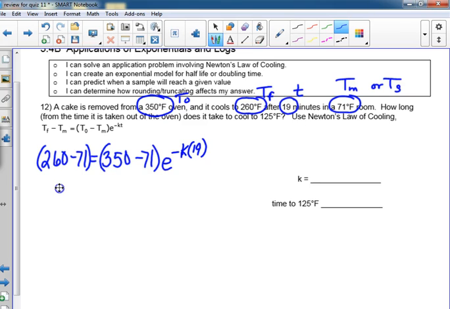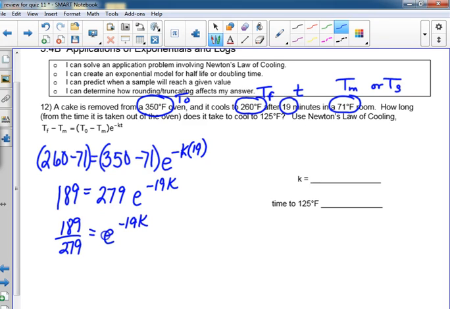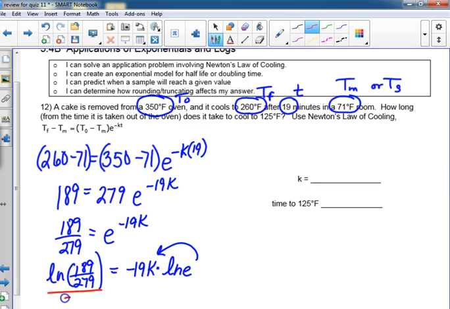Is this 189? 279? That's disgusting. We know 205, anybody?